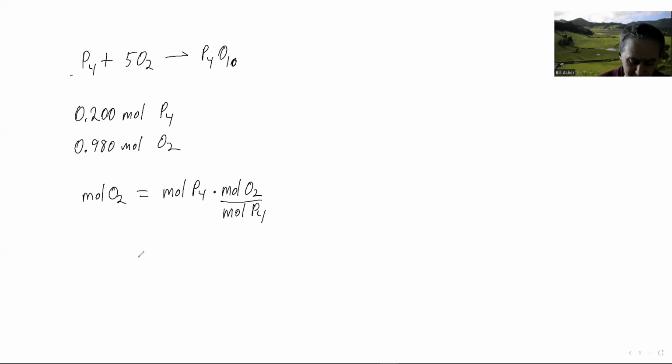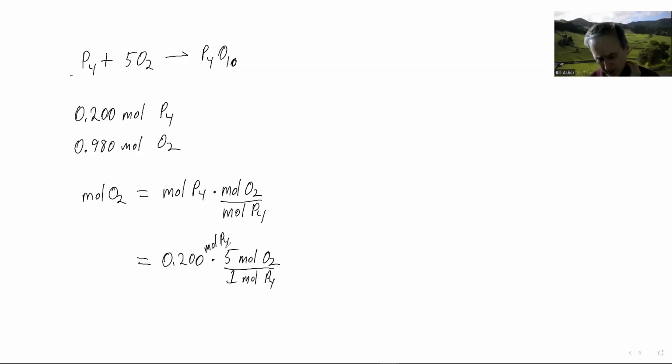Putting numbers into that equation, we have 0.200 times 5 moles of oxygen per 1 mole of P4. And this is moles of P4 here. I have to write the unit down, right? So this cancels, and 5 times 0.2 comes out to be 1.00 moles of O2.